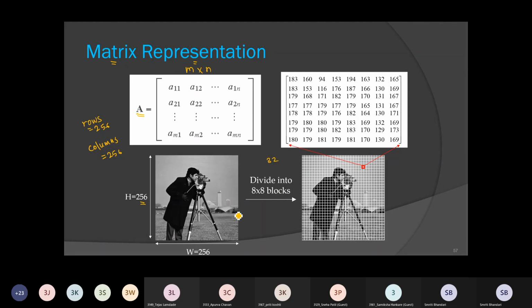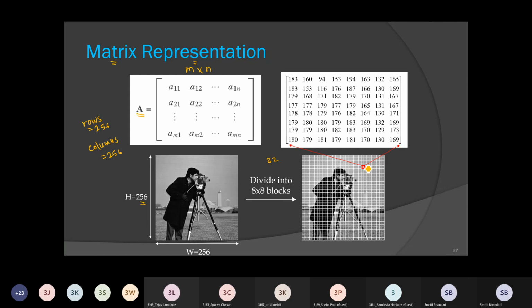Now, it would be very difficult to show how the values are actually stored in a two-dimensional array of size 256 by 256. That is why we have divided this image into 8 by 8 blocks and we are representing this 8 by 8 block.